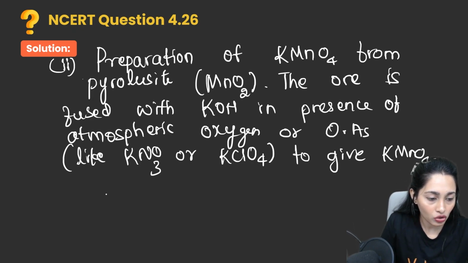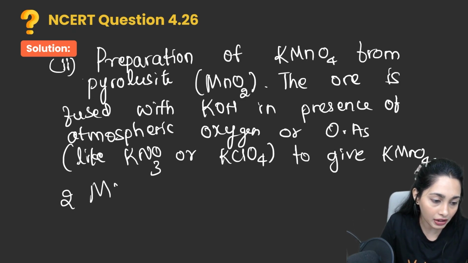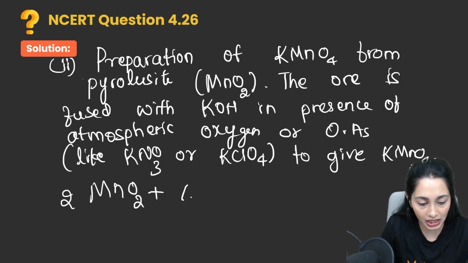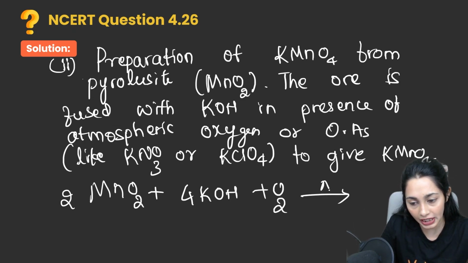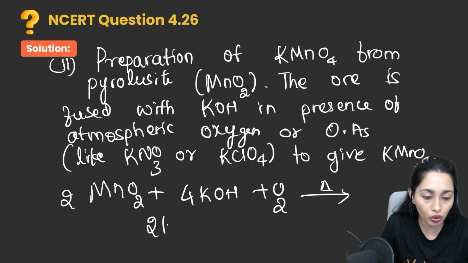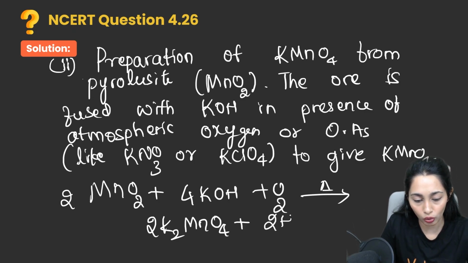So what is the reaction? 2MnO2 is made to react with KOH in presence of oxygen. It should be heated and it will give 2K2MnO4 plus 2H2O.